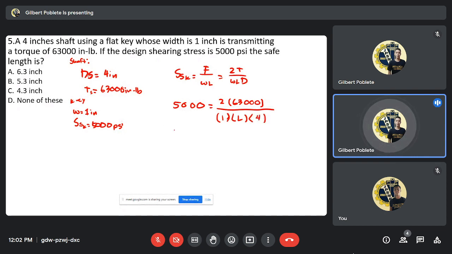So, makukuha na natin yung length niya. 5,000 is equals to 2 times 63,000 over 1 times x times 4. Solve. So, meron tayong length na 6.3 inch. So, ayan, letter A. Tama yung sagot natin. Okay, so next.